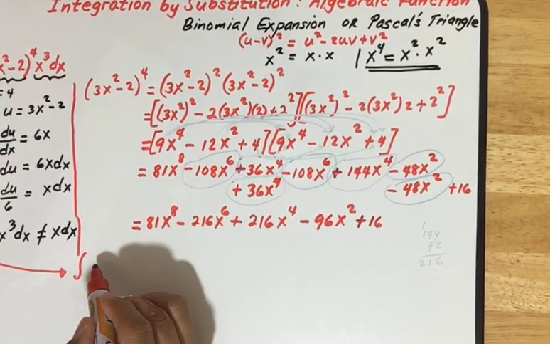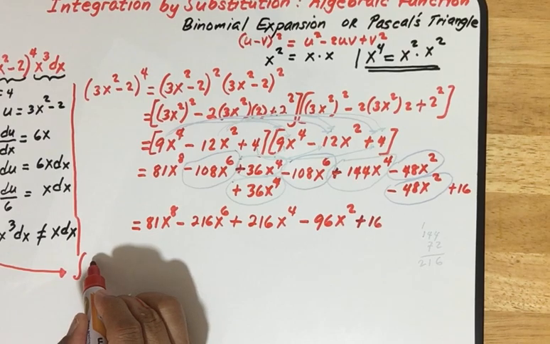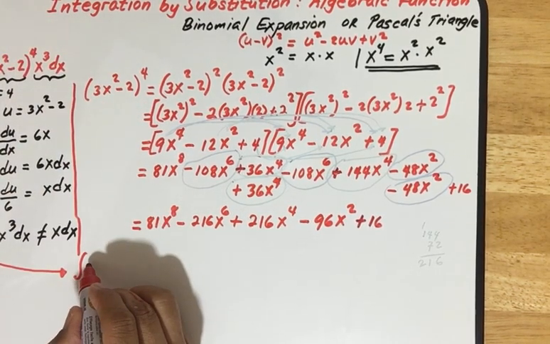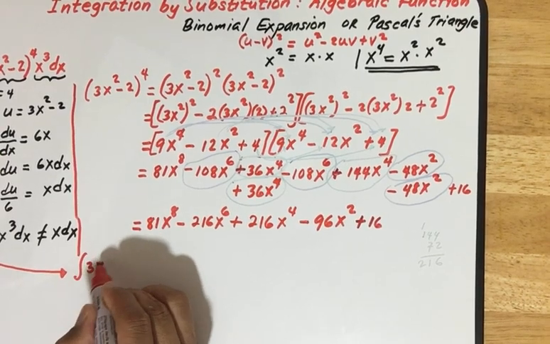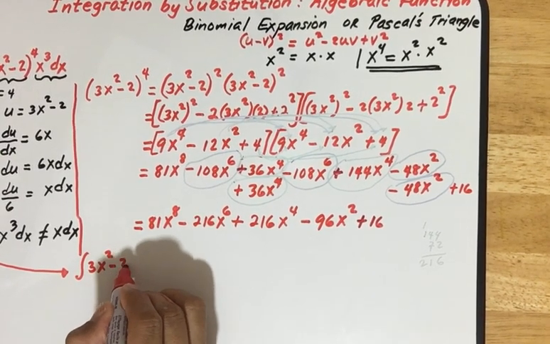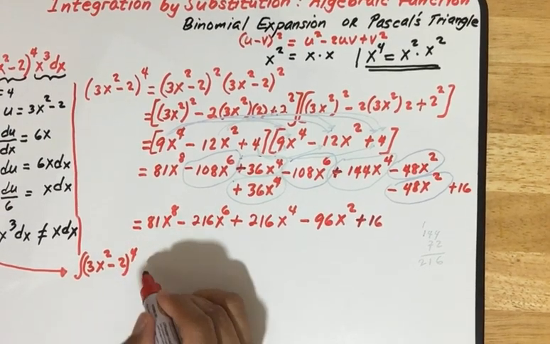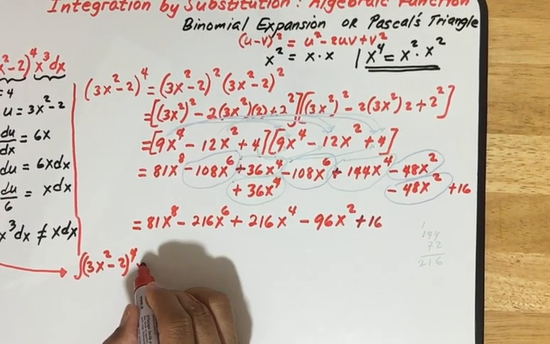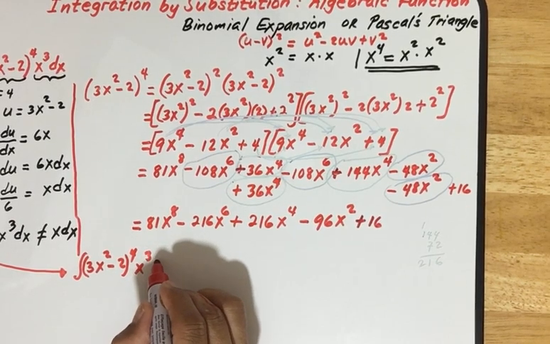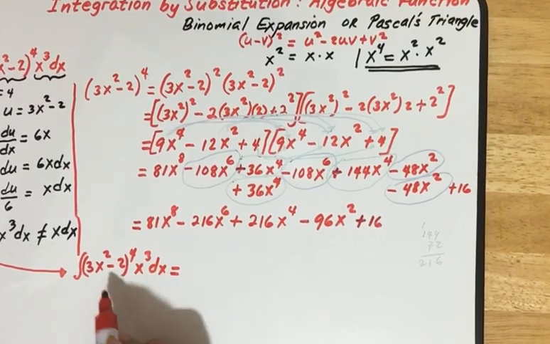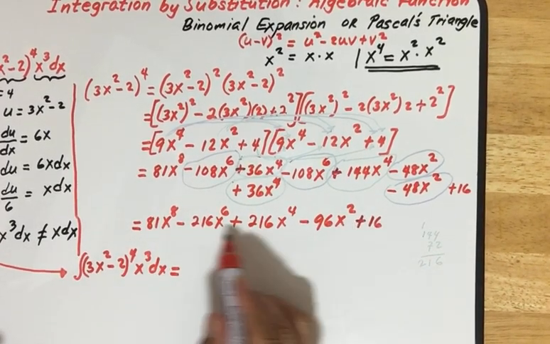So this will be the integral of, I will rewrite that first, the integral of (3x^2 - 2)^4 x^3 dx. So equal to, instead of writing this, you may write this one.